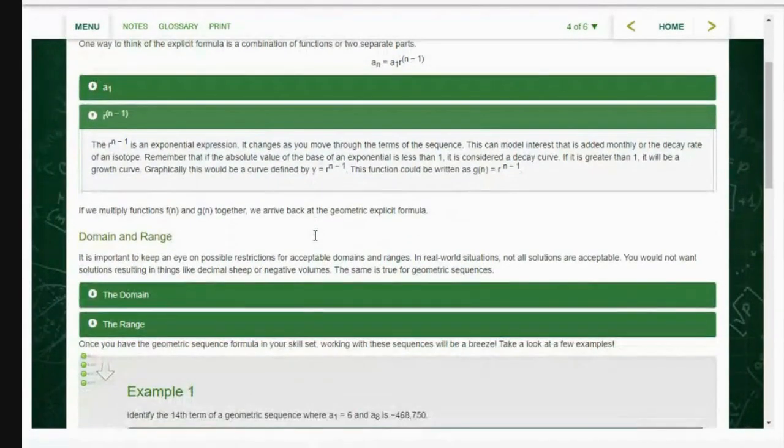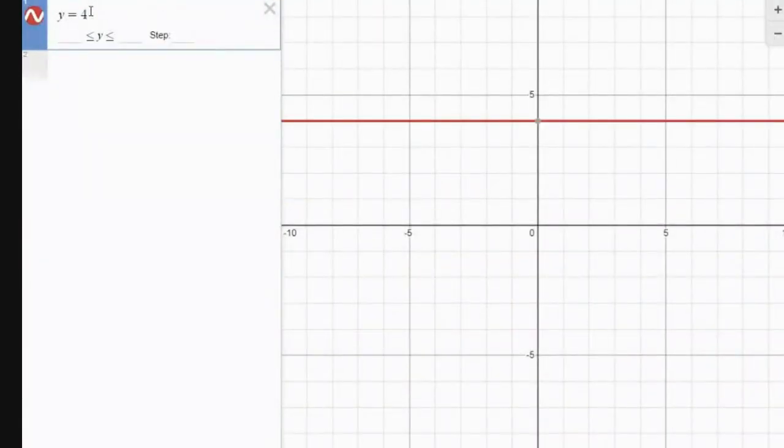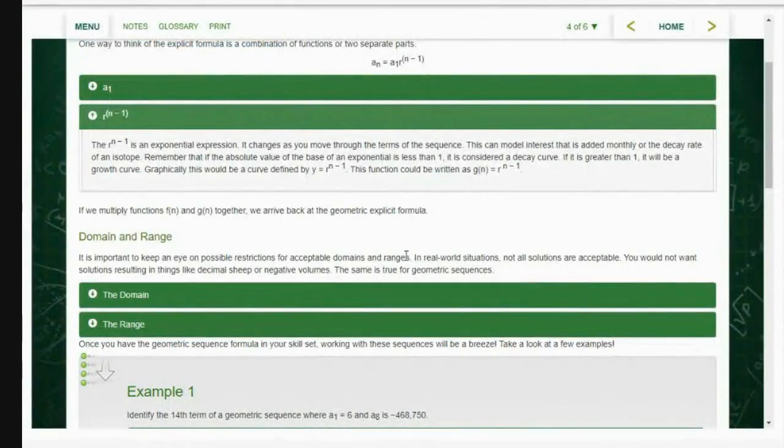But when you have this, graphically, this would be a curve, y equals r to the n minus 1. So if we change that to 4 raised to the power of n minus 1, or x minus 1 in this case, to make it graph correctly, now you get the exponential form of it. If r is greater than 1, it'll be a growth curve.